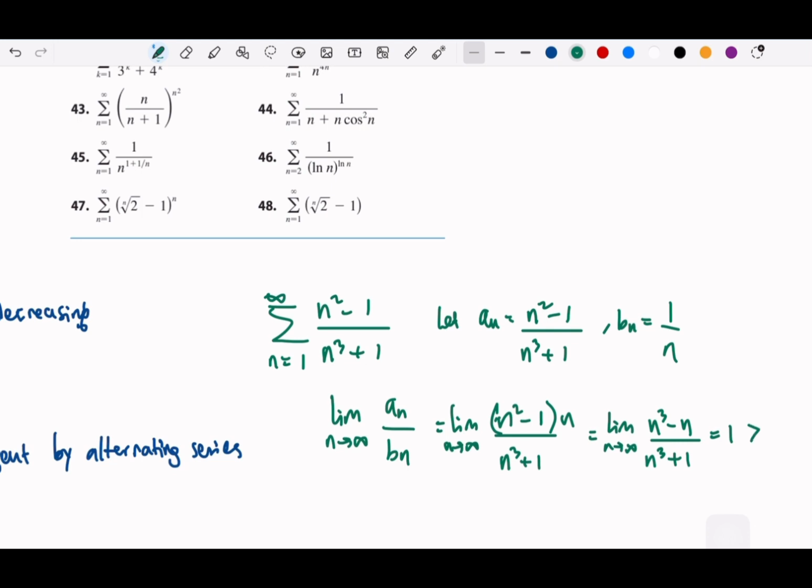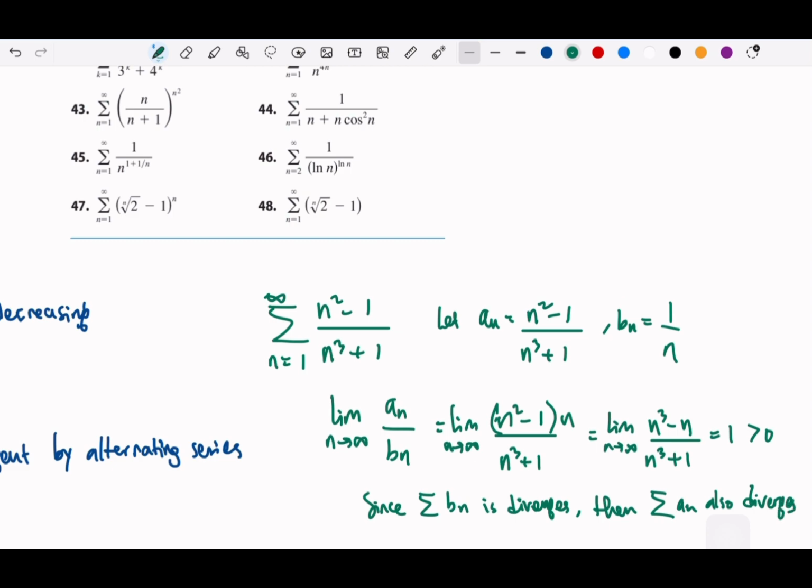Okay, so it's positive, so it's greater than 0, which means that since the series of bn, 1 over n, diverges, then the an also diverges.